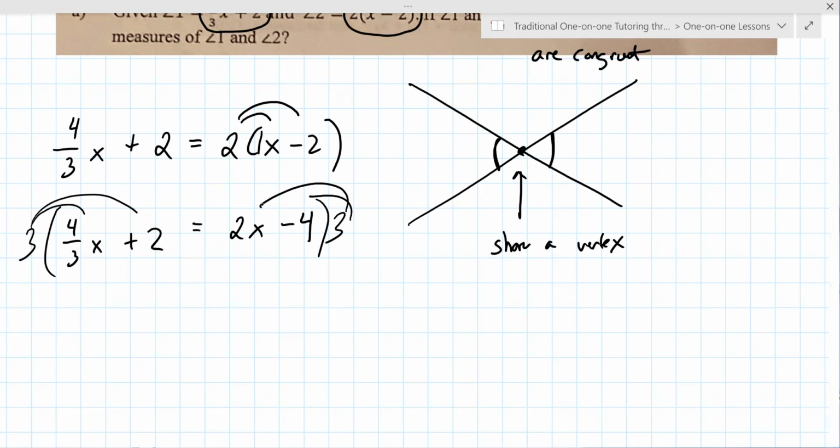So what is 3 times 4/3? You multiply the top and then you multiply the bottom. That's 12 over 3.